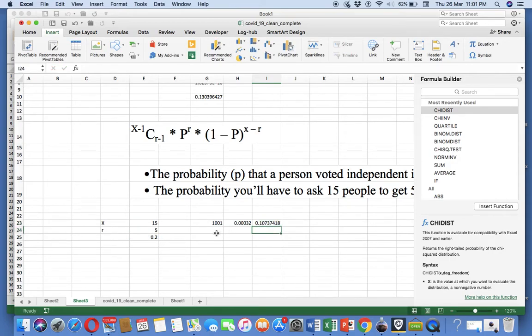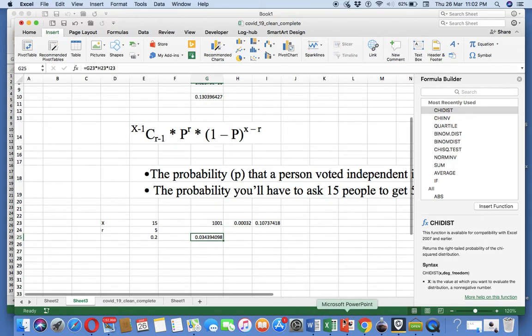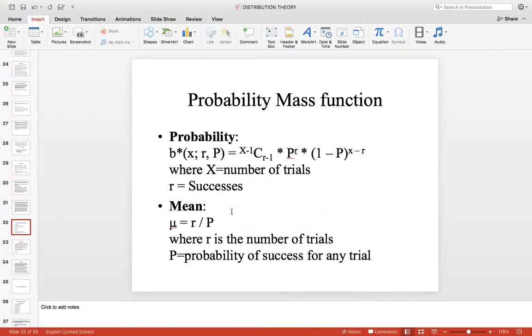Okay, I'll combine the three things to get the probability, which is this into this into this term. And we get a value of 0.034. So the probability for this problem is 0.034, calculated rather easily.